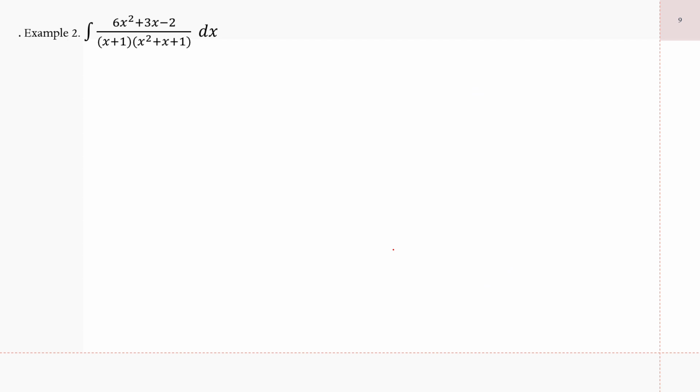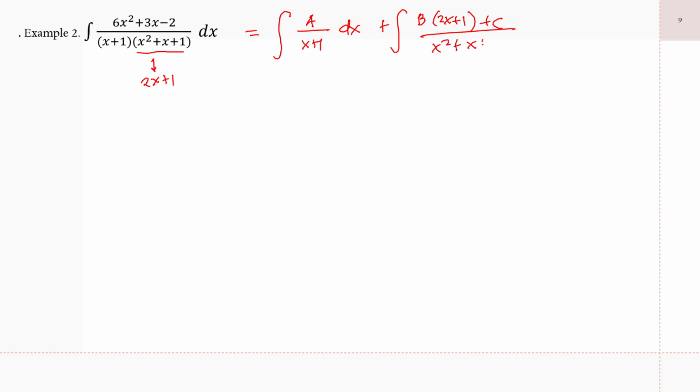So in case number 2, we can equate this as the integral of a over x plus 1 dx plus the integral of b, the derivative of this one first. This is 2x plus 1, because we need to take the derivative. This is b(2x plus 1) plus c over x squared plus x plus 1.